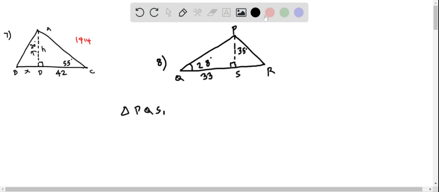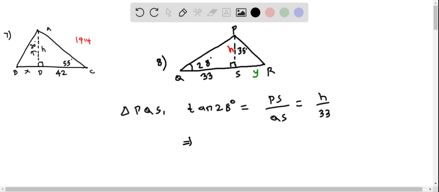In this I'm going to apply the tangent ratio for the angle 28. So tangent of 28 equals the opposite side PS, which is the height h, over the adjacent side QS, which is 33. I'm going to call SR as y.